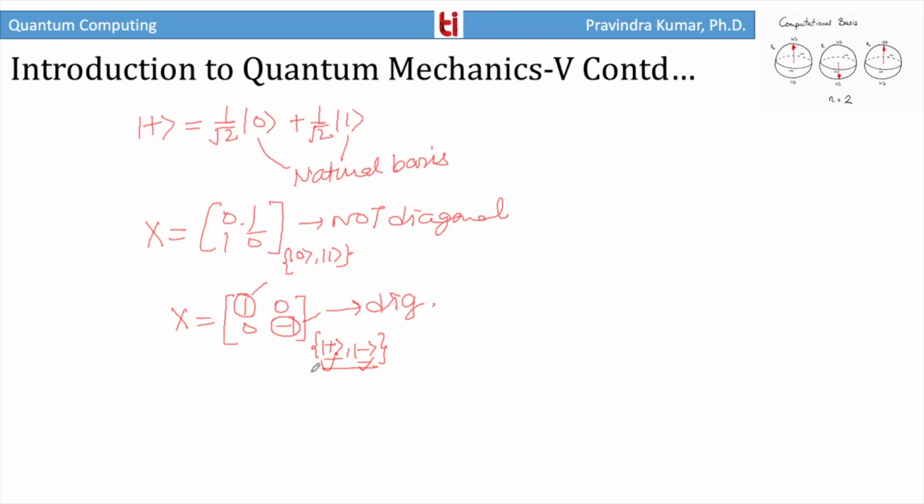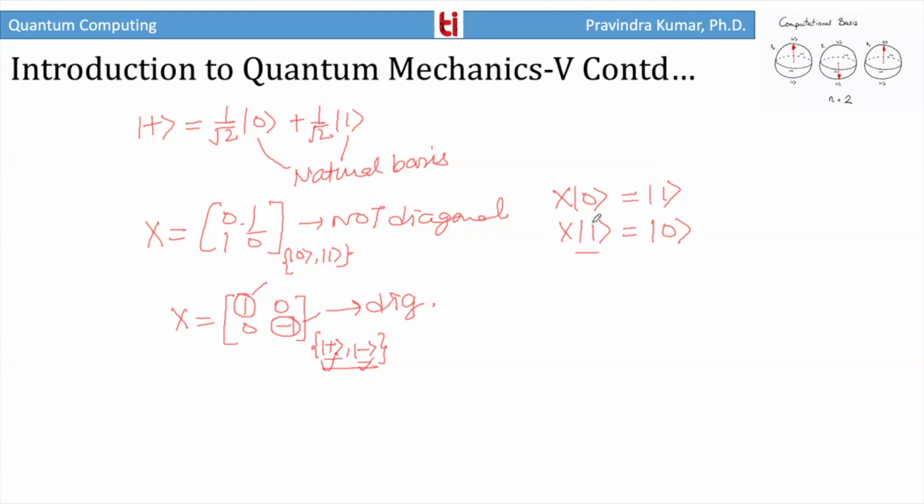Measuring Pauli X in state psi is different from Pauli X applied to the state psi. Means if I apply the Pauli matrix on quantum state 0, you will get state 1, and if I apply Pauli X on quantum state 1, you will get 0. So quantum state 1 is changed to 0 and 0 changed to 1.